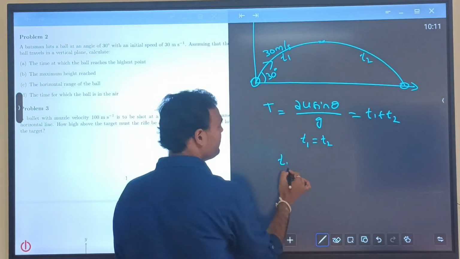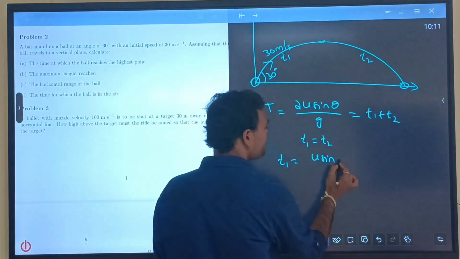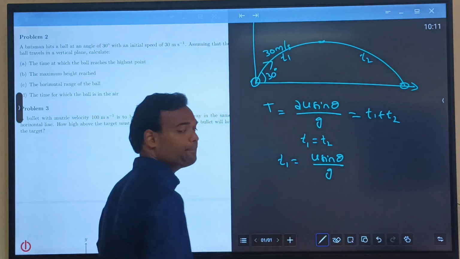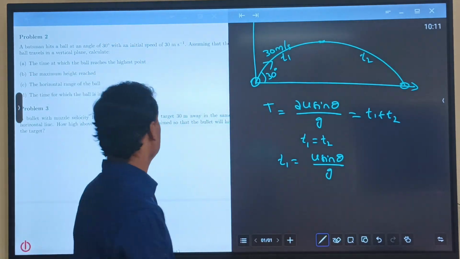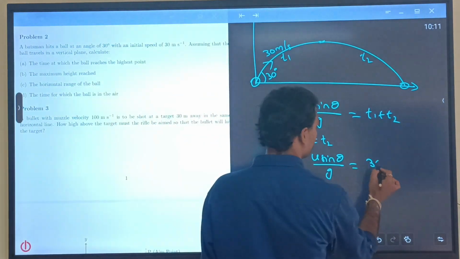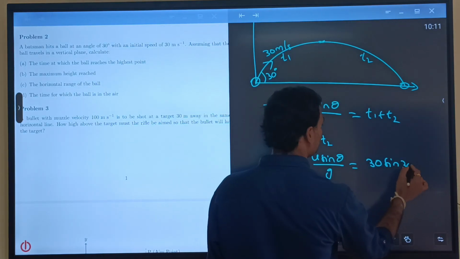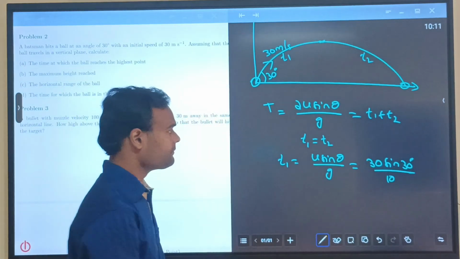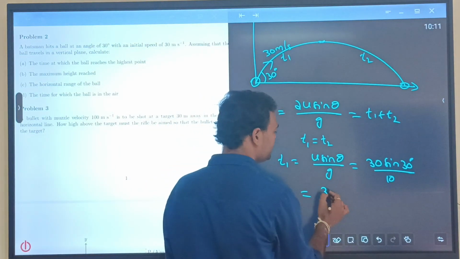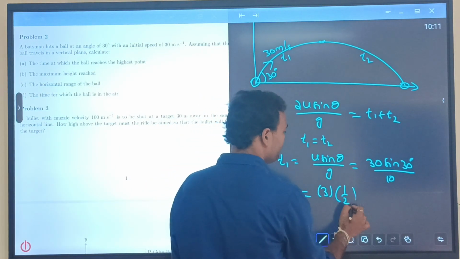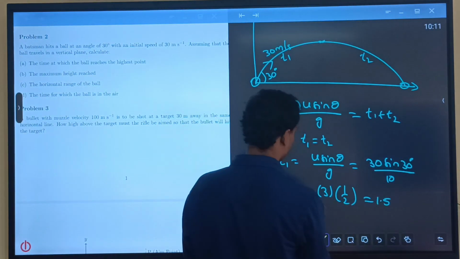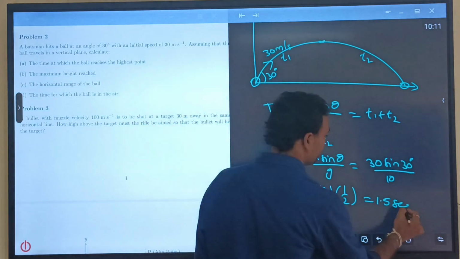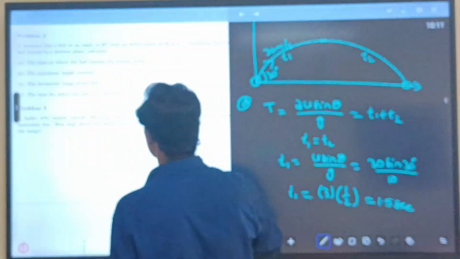So can I say T1 is equal to u sine theta by g? Then u value is here 30 sine 30 degrees by g value I am considering as 10. Clear? Then this will be 3 into 1 by 2, which is equal to 1.5 seconds. This is the answer for A bit.